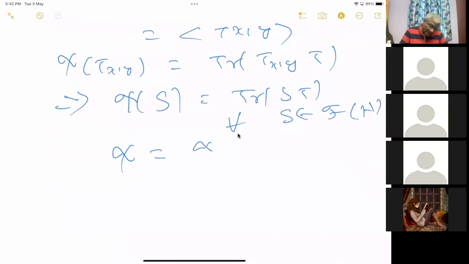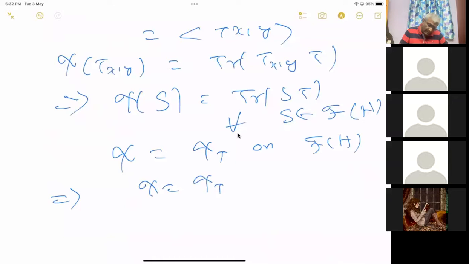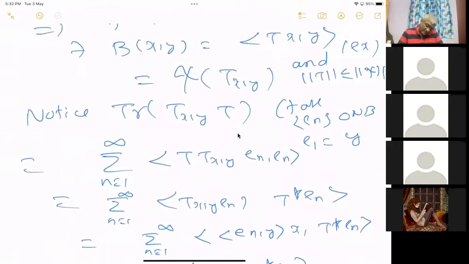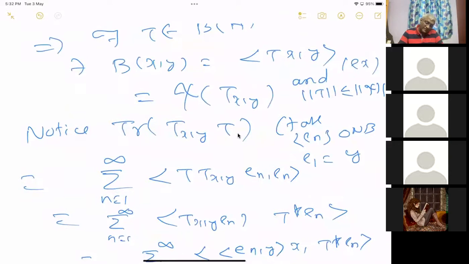Chi equal to chi_T on the finite rank operators. We are actually proving that norm T is less than or equal to norm chi.